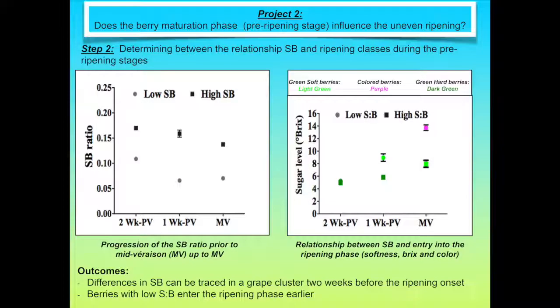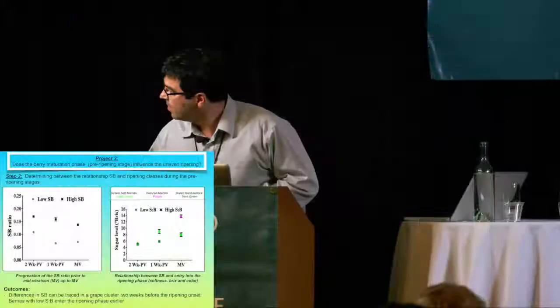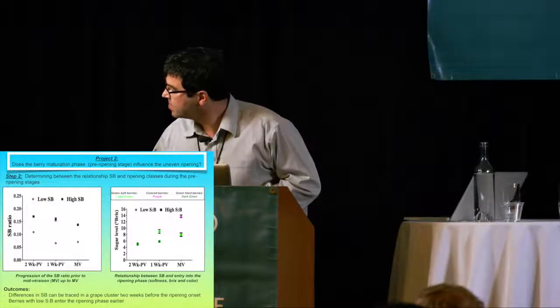And what we observe on this panel is that these differences could be traced back to 2 weeks before the first sign of ripening. So this difference already exists 2 weeks before, during berry maturation. As you can see here, you have clear differences between the population of berries with low SB versus high.